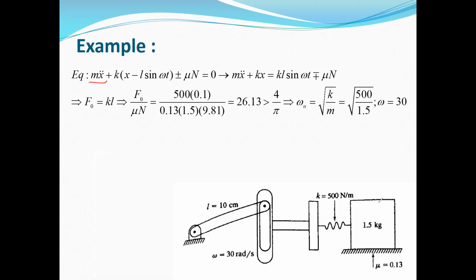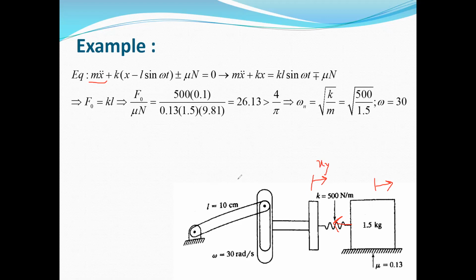m x double dot. If you plot the free body diagram for this mass m, when the mass is going to the right, we will have one force due to the spring in this direction, equal to K times x minus L sine omega t. As I told you, this x_y is the difference, L minus L sine omega t.